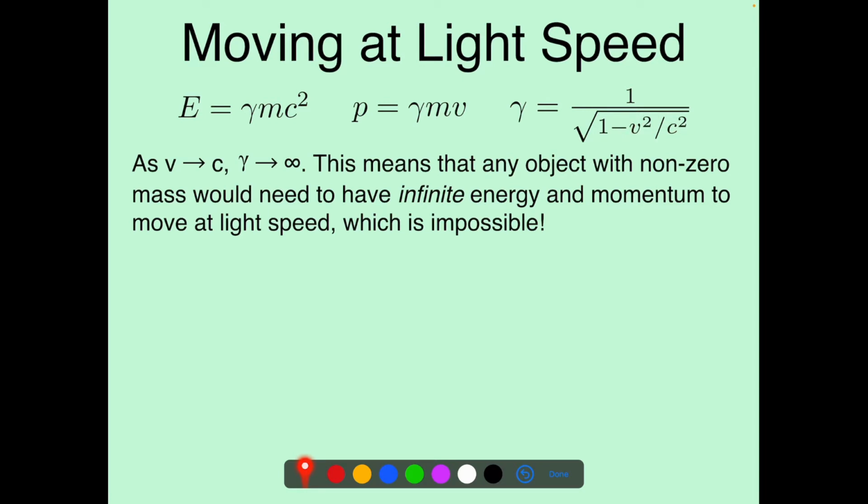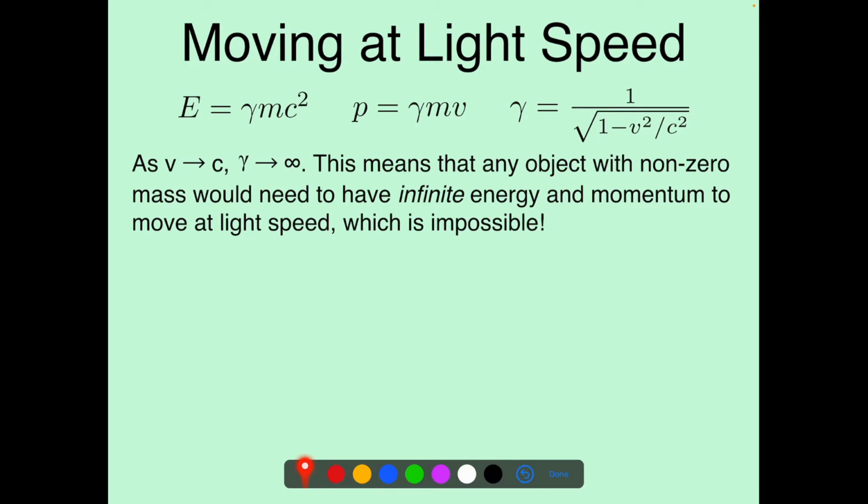So the first thing to notice is that if an object's speed approaches the speed of light, if v approaches c, then our gamma factor is going to approach 1 divided by the square root of 1 minus 1. So we're going to have 0 in the denominator. The gamma factor is going to blow up to infinity.